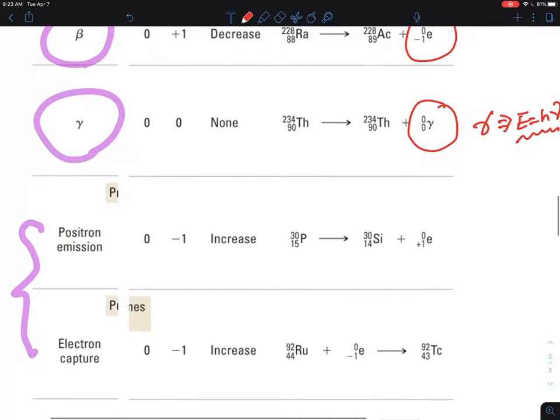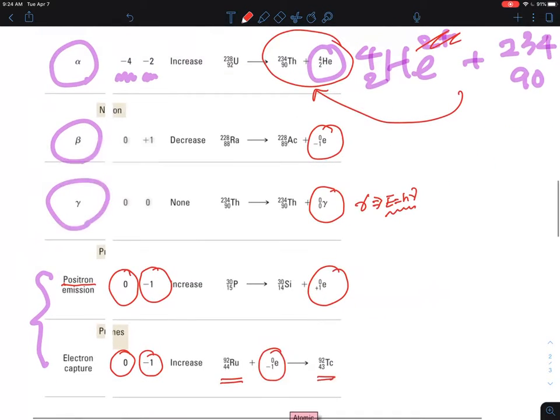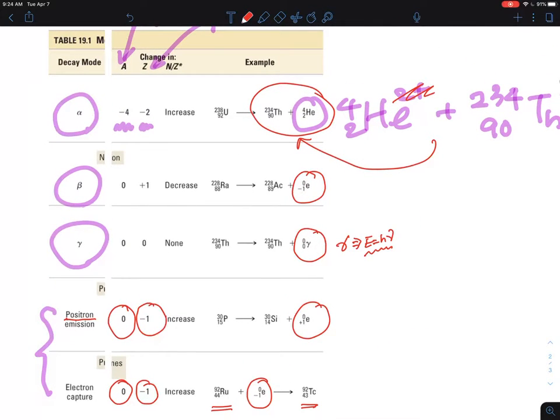And positron, you just get yourself used to it. Positron is this. So therefore, your atomic number, actually overall, there's no mass change. Positron does not have mass change, but the atomic number is decreasing. Electron capture is essentially the same, no mass change, but the atomic number decreases from left to right. But try not to remember this kind of rule shown here.